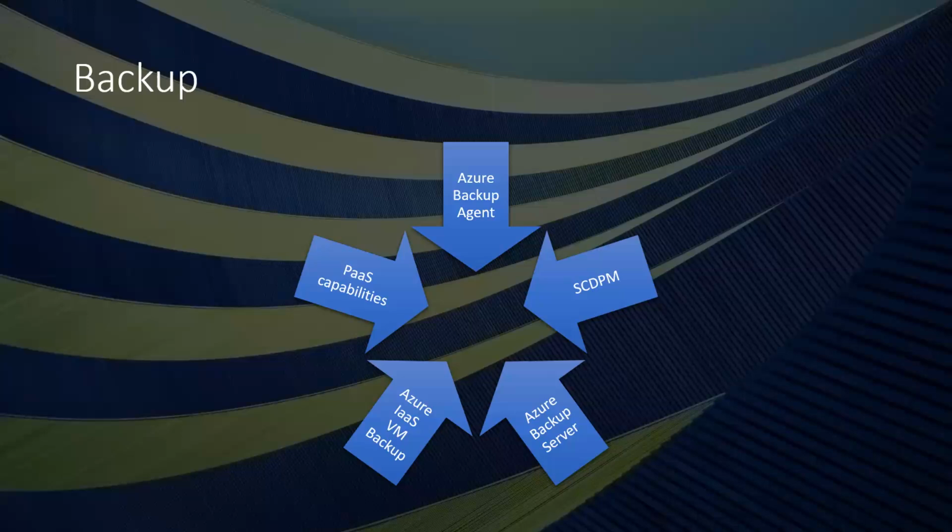And then we have Azure Backup Server. It is just like a brother of DPM, but it's licensed as a part of the Azure subscription and doesn't require a System Center license, but usually does all the things that DPM does. If we talk about IaaS VM backup, it's a turnkey backup.